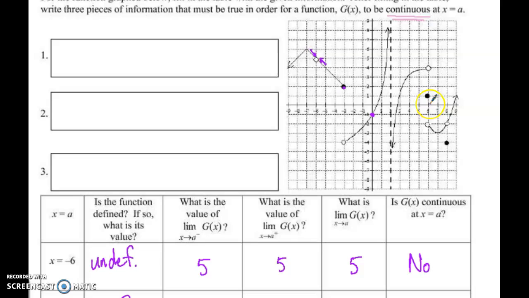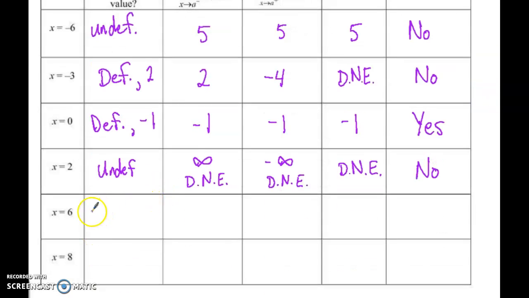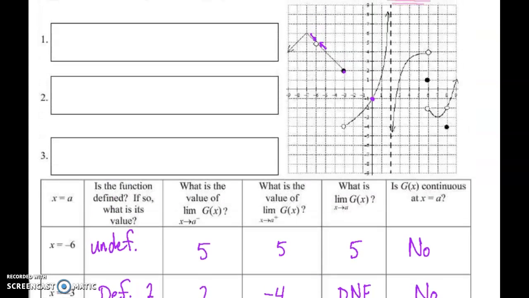So let's look at x equals 6. At x equals 6, it is defined. We have a closed dot. At least mine looks like it's off a little bit, but it's supposed to be at this value of x equals 1. So it is defined. That value is y equals 1, sorry. At x equals 6, it's y equals 1. Now the left side, it's getting closer to 4.